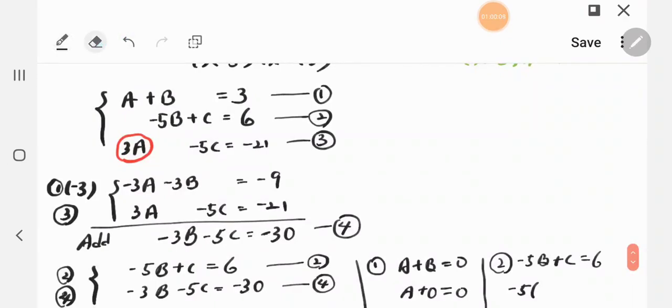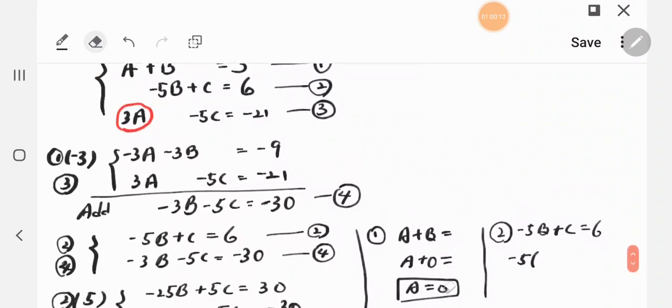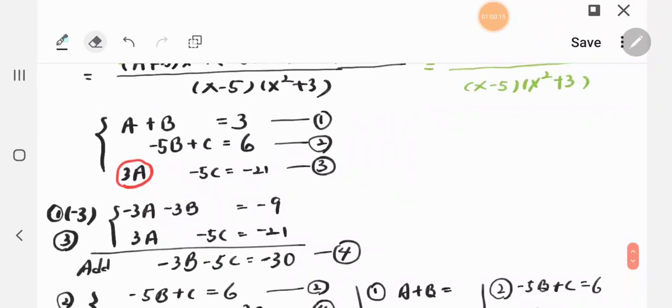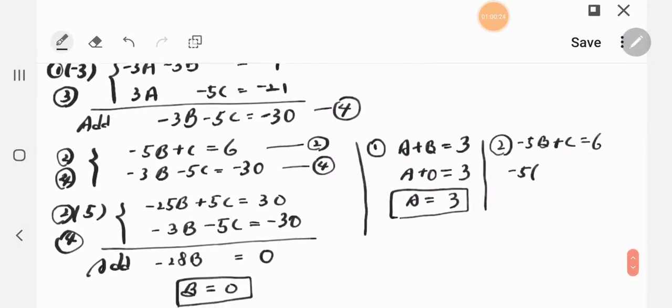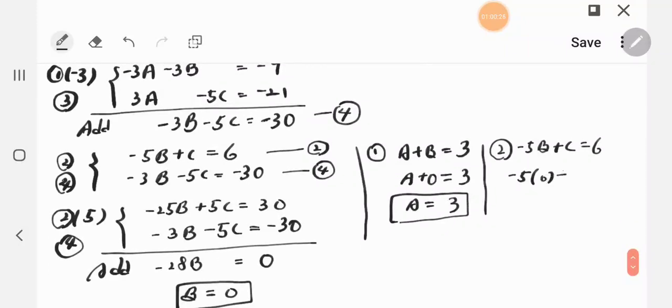Here, this is not 0. A plus b, what is a plus b? A plus b is 3, right? So a is equal to 3. Now from here, b is 0, then c is equal to 6.